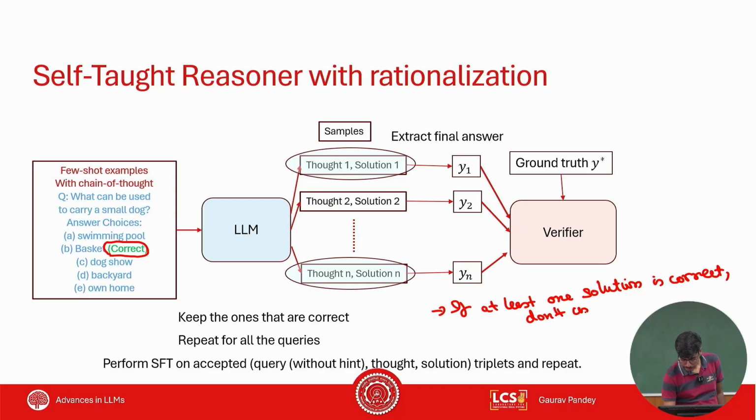But if none of them are correct, then you can use the hint. This way they are hoping that the model does not overfit to the hint itself.